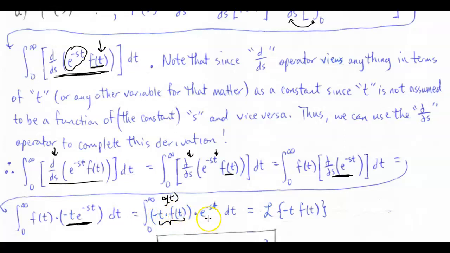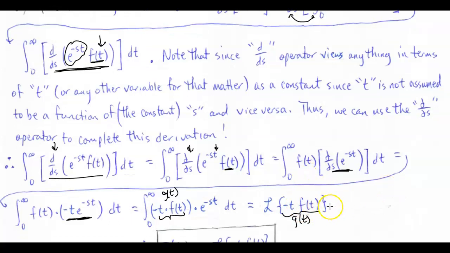So we have e raised to the minus st times some function, integral of that from 0 to infinity. By definition, that is a Laplace transform of whatever's inside of here, my g of t. And so in this case, it just so happens that my g of t is just minus t times whatever that function f was. Okay.